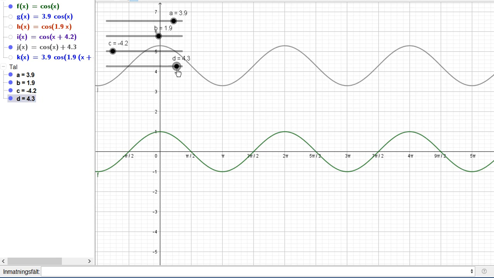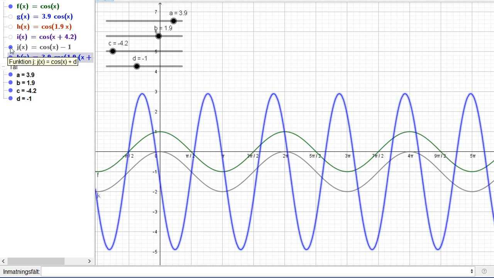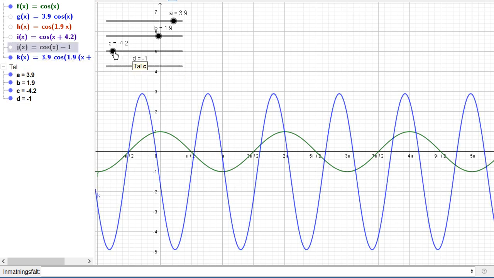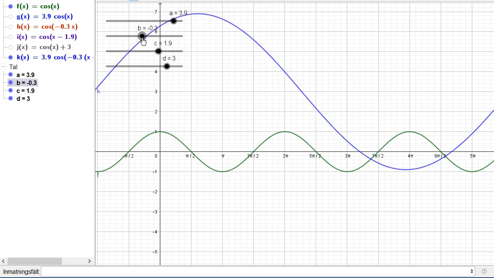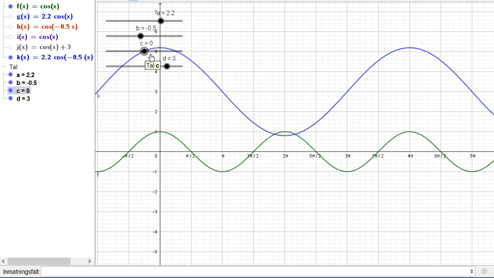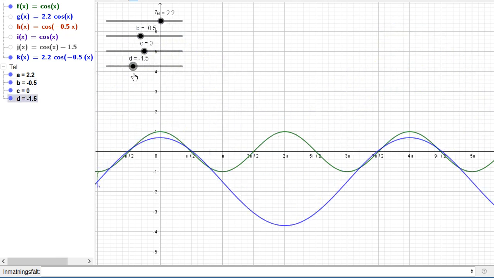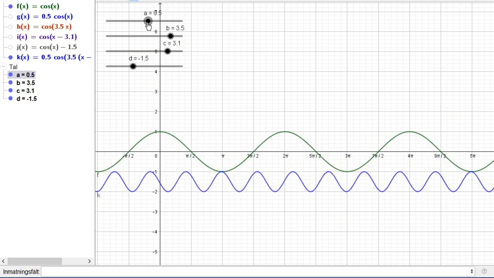It's only the vertical shift, the same as in sine. If we have all of them, as you can see, if I change any of them, then you can see the effect.